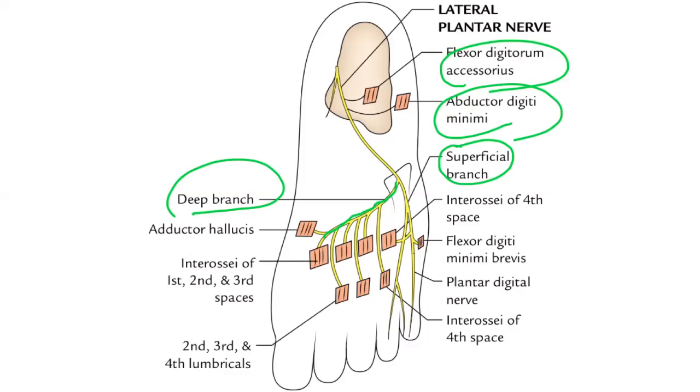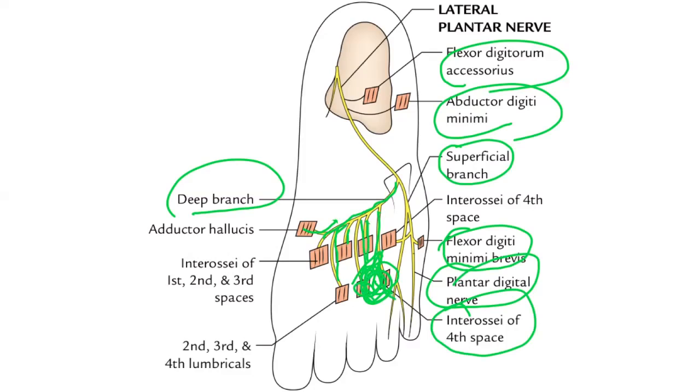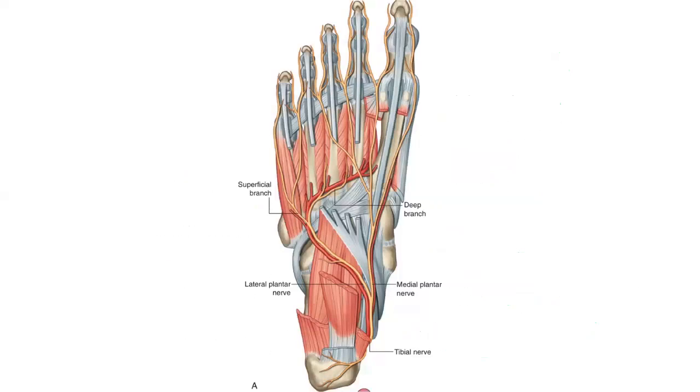The deep branch supplies all the lumbricals and interossei, whereas the superficial branch supplies digiti minimi brevis and the interossei of the fourth metatarsal space, whereas the deep branch supplies all the other interossei. You see, this is the superficial branch, whereas this is the deep branch.